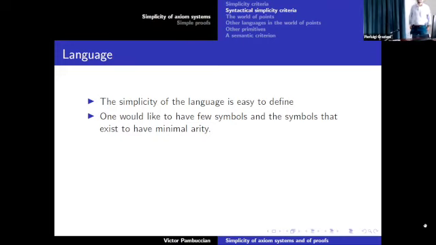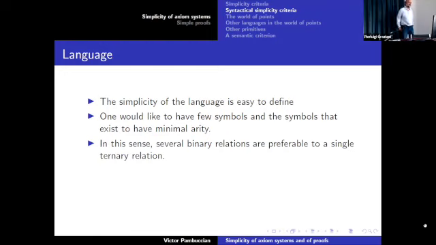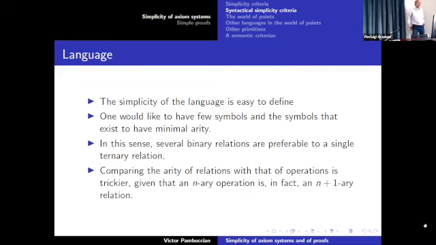And obviously there is a problem. How do you compare the simplicity of a ternary relation and a ternary operation, for example? They're different animals. Because an operation is in fact a hidden relation with one more term. So, if you have those, then you have to figure out a way to do it.